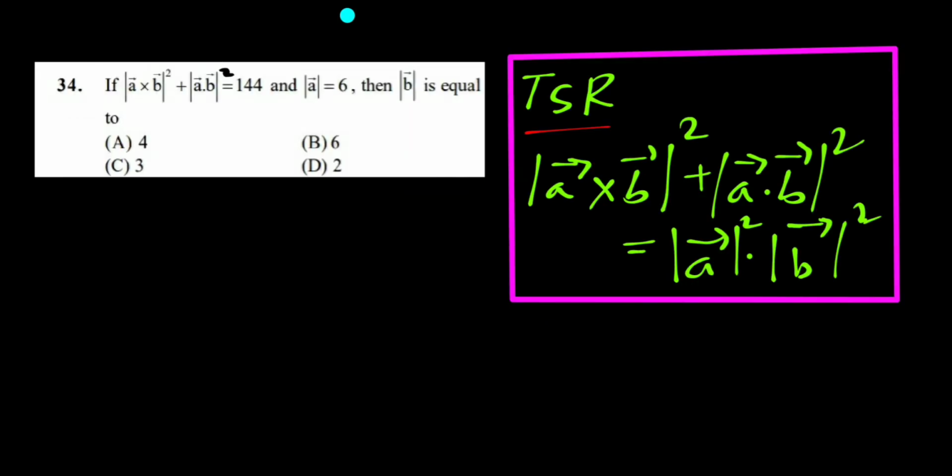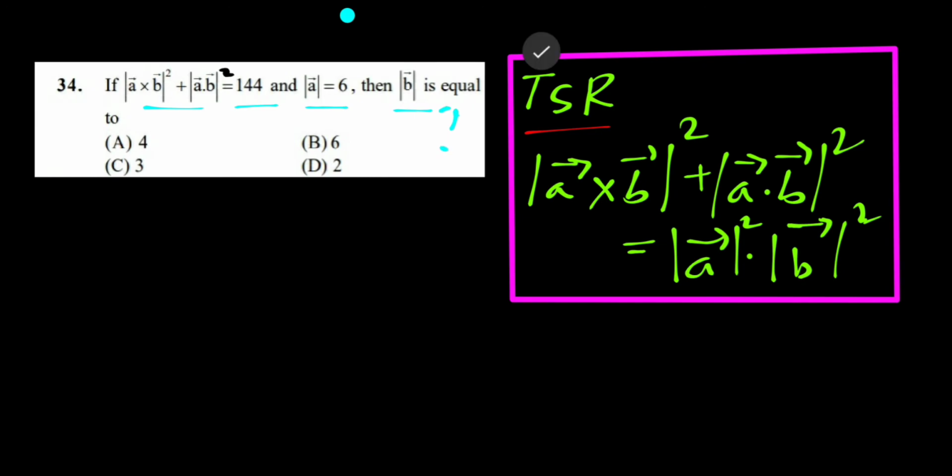Next, problem number 34. |a bar × b bar|² + |a bar · b bar|² = 144 and |a bar| is 6. Then what is the magnitude of b bar?